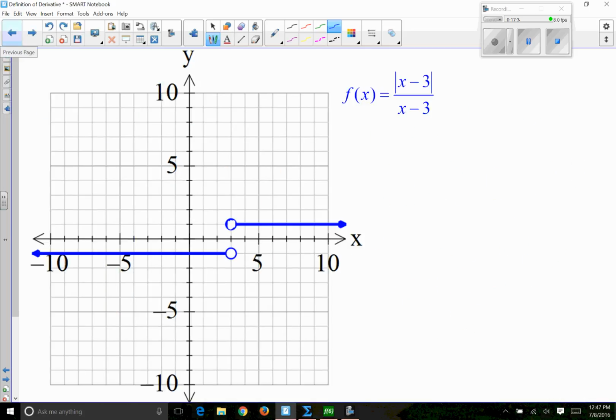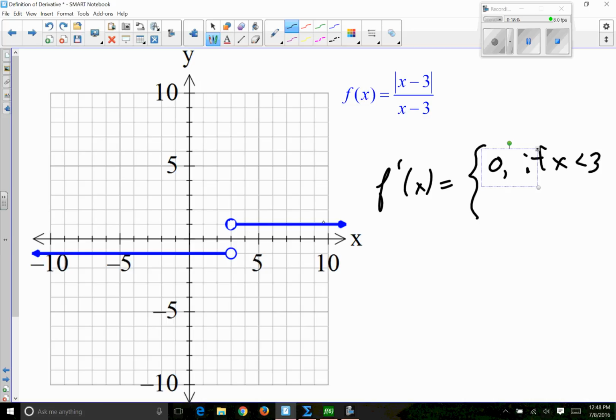All right, and the last example is this function, f of x equals the absolute value of x minus 3 over x minus 3. If we find the derivative of this, this part of the function has a slope of 0. That's if x is less than 3. And this part of the function also has a slope of 0. That's if x is greater than 3.